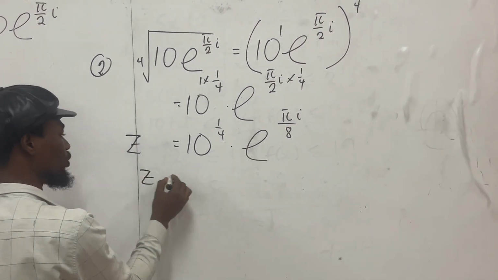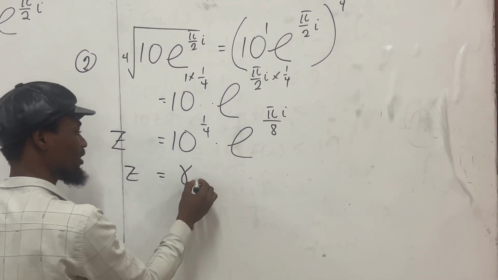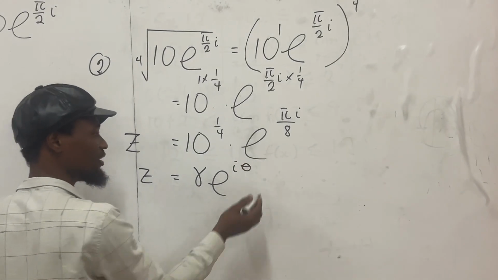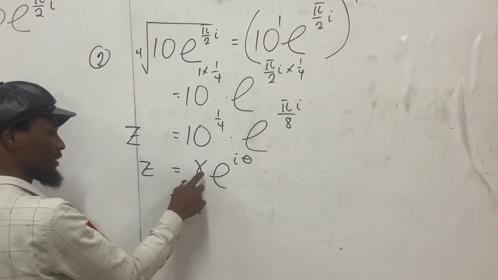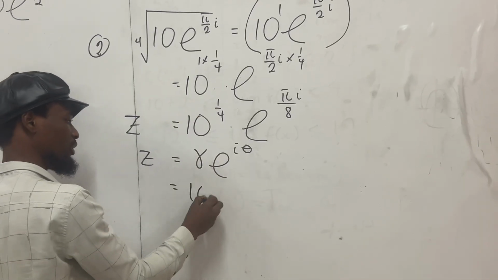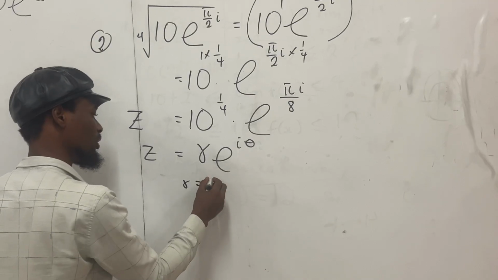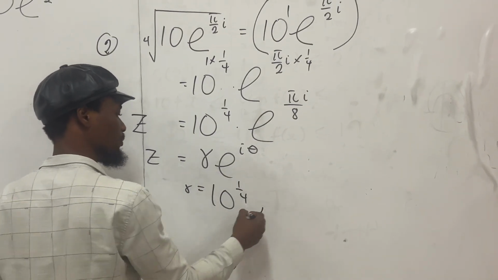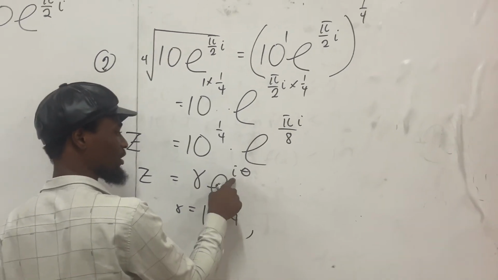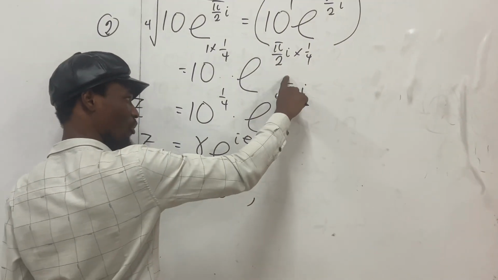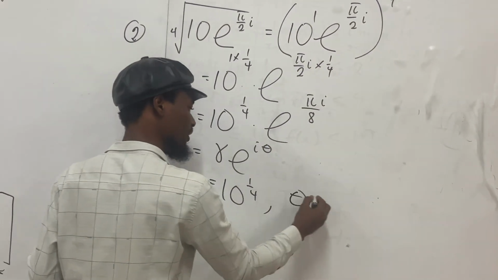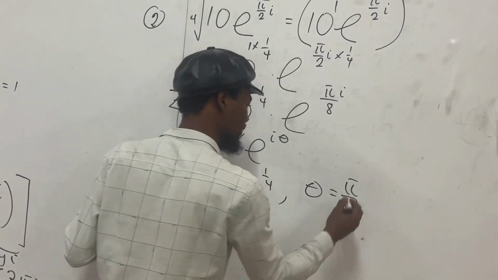By comparison, you already know that you have something like r e to the power i what? Theta. So by comparison, this r is equal to 10 to the power 1 over 4, right? So r is equal to 10 to the power 1 over 4. Then what is theta? You see i is equal to i. So therefore, pi over 8 is equal to the theta. This is the same as pi over 8.